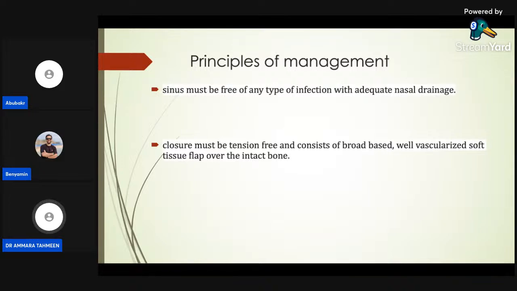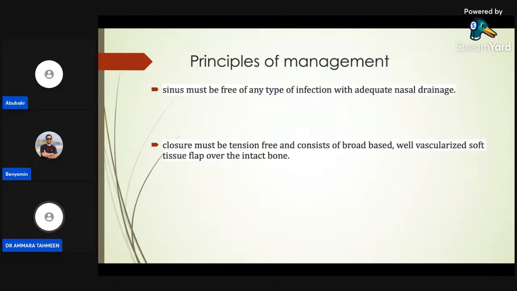So this is the main principle: your flap closure should be tension free, with a broad base so that it includes more of the blood supply. It should be well vascularized so that it does not undergo necrosis, which may lead to the failure of the surgical management of the oroantral communication, which might lead to other sequelae such as oroantral fistula or other maxillary sinus pathologies.